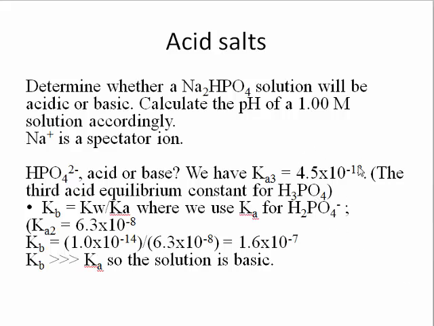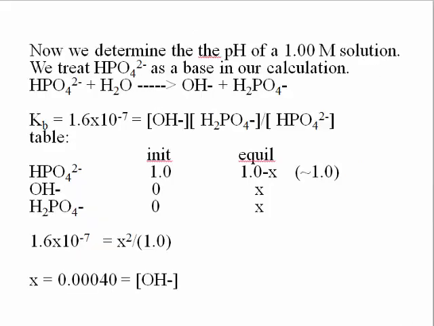In other words, the Ka should be completely negligible compared to the Kb, and we simply treat this as a 1 molar solution of a weak base with Kb 1.6 times 10 to the negative 7.